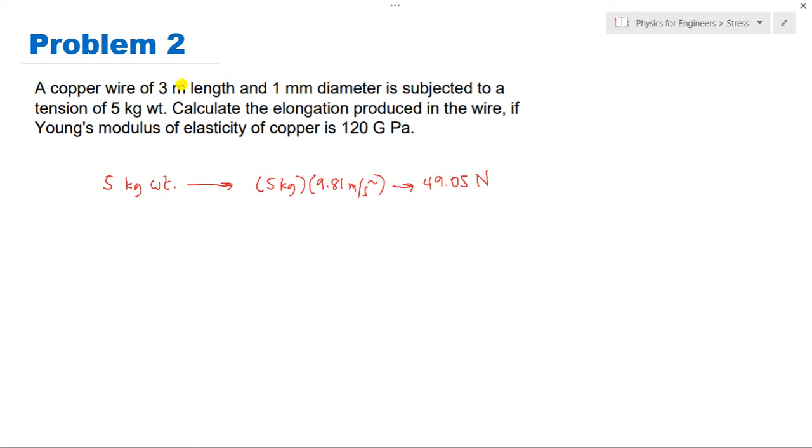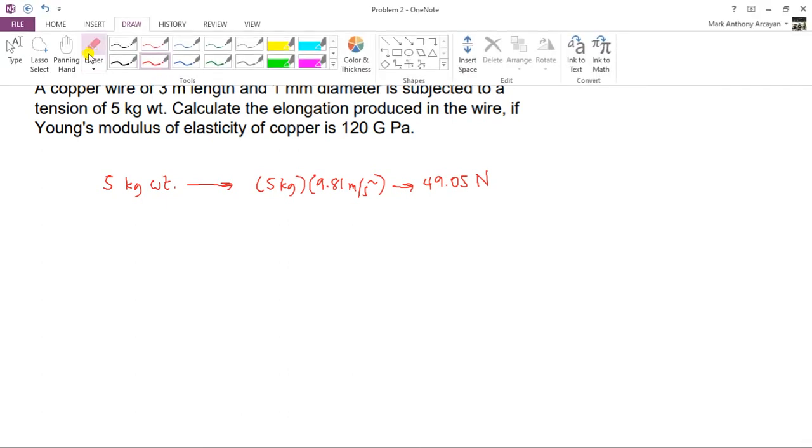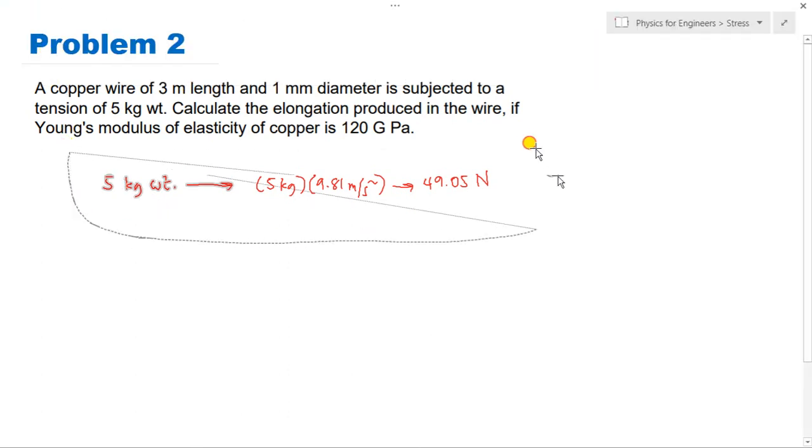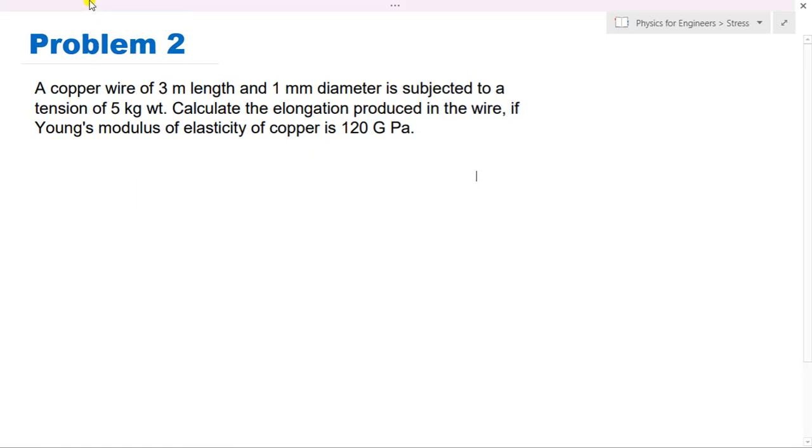Okay, so proceed ta. Ato isulat ang figure and data. So here we have figure and data. So isulat nato: a copper wire subjected to a tension of 5 kg weight.